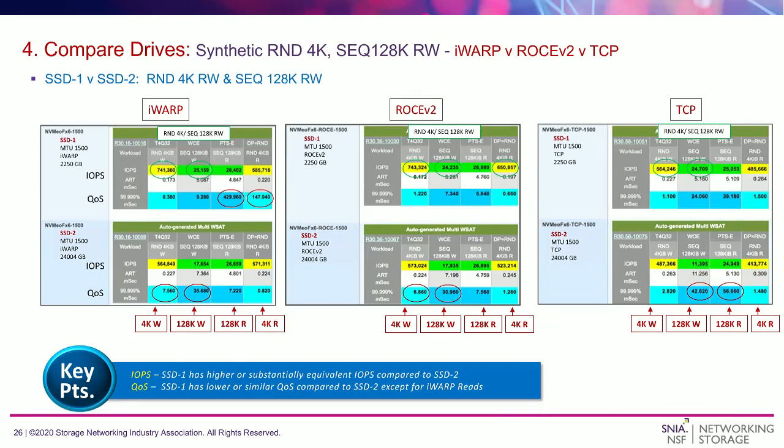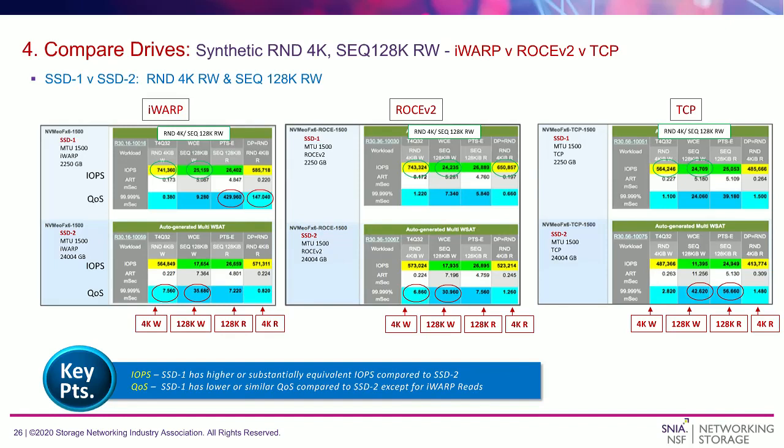This is the case where we're looking at that 4-corner stress test, random 4K read-write, sequential 128K read-write, and then you can see which columns are in the red or what they are. But basically what you're seeing is that in all cases, the top row, which is SSD1, has higher or substantially equivalent IOPs compared to the second row, which is SSD2. And for example, in the very first column, 4K writes, 741,000 to 564,000 IOPs.